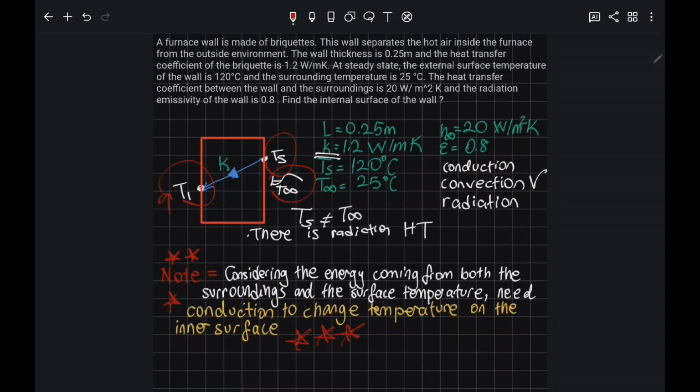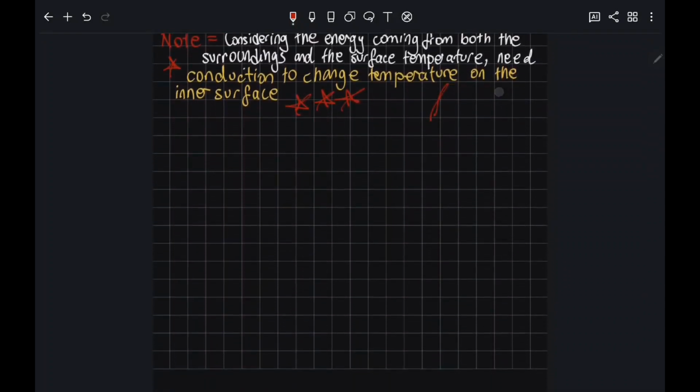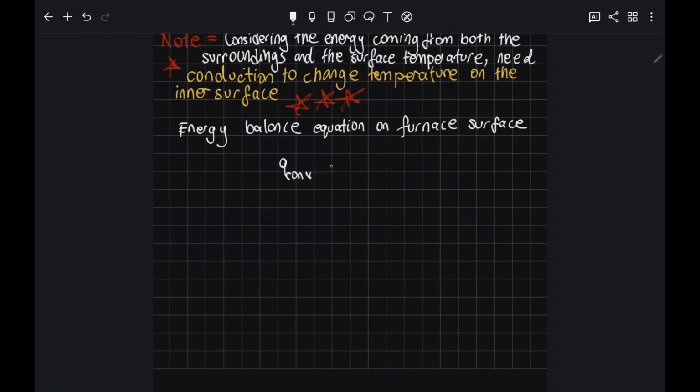So let's write the equation on the surface of the furnace. If you remember, I have Q convection here and Q radiation, and they are equal to Q conduction.